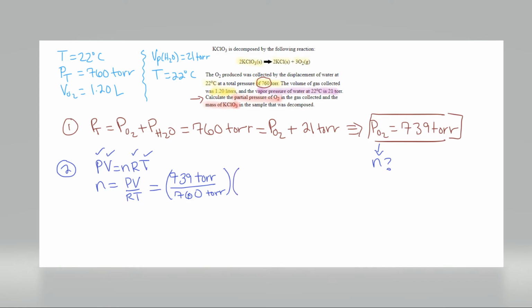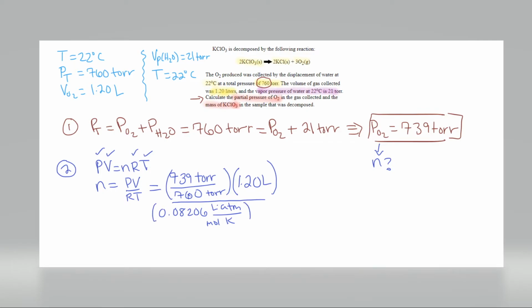We have for volume 1.20 liters. On the bottom of this fraction, we have 0.08206 liters atmosphere per mole Kelvin. I can't tell you how long it took me to remember those units.